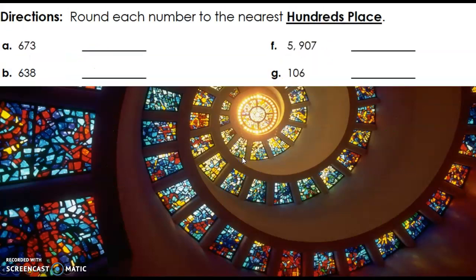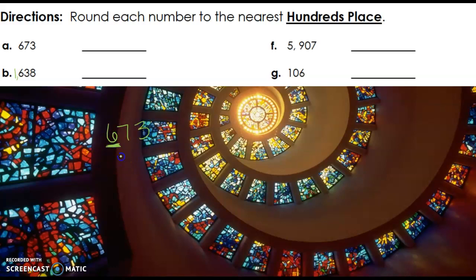All right, so then these say to round each number to the nearest hundreds place, hundreds. And I'm going to change one of these a little bit. I'm going to make this 1,638 so that you can see thousands like what you're going to have to do also. All right, so I have 673, and I'm going to find my hundreds place.